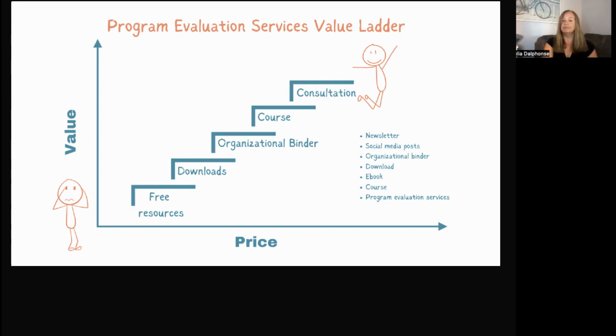We could provide different downloads, different cheat sheets and tip sheets, and we could write an ebook on how to create a really efficient ABA program. We could have a course on that, and we could then provide the program evaluation services as the consultation for this value ladder.